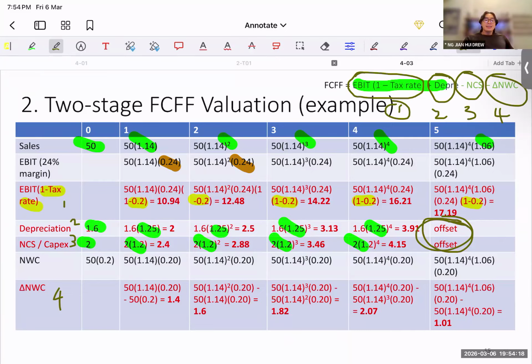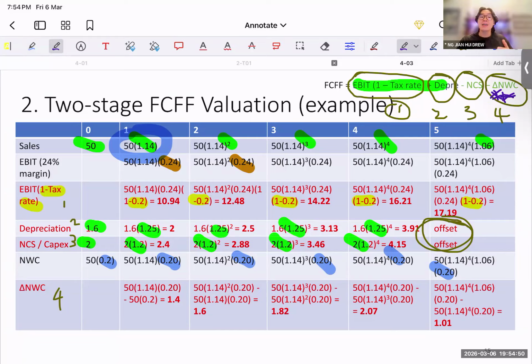In terms of working capital, net working capital is going to be 20% of sales. So we are going to determine the 20% of sales. But again, I hope to emphasize that what we're interested in is the change in net working capital. I'm going to put three stars here, because this is one of the more typical mistakes if you're doing questions too quickly.